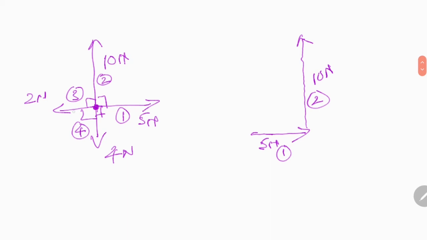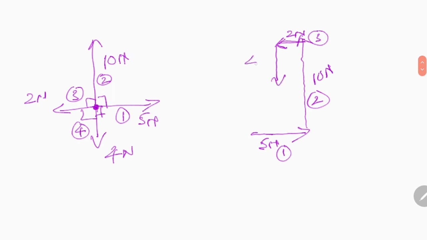And then we can come to segment 3, which is 2 newtons. So 2 newtons would be a small part of this. This is our 2 newtons, and this is our segment 3. And our final one is 4 newtons, so that would approximately be so much.